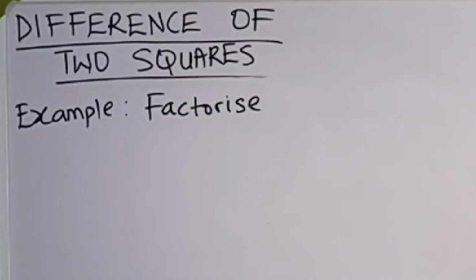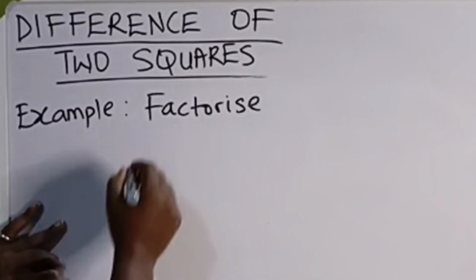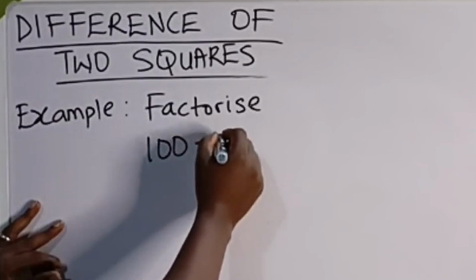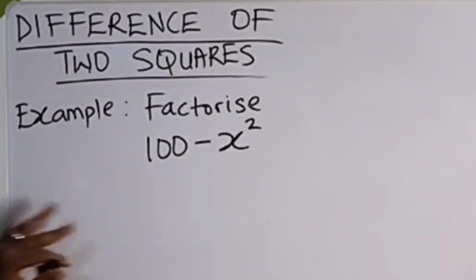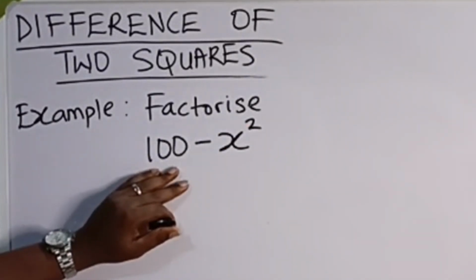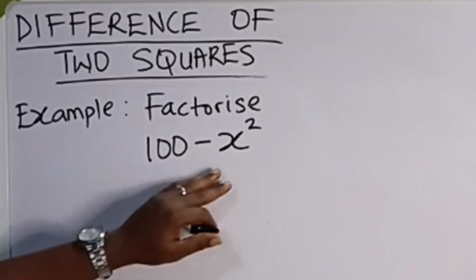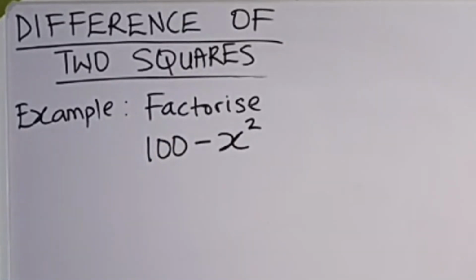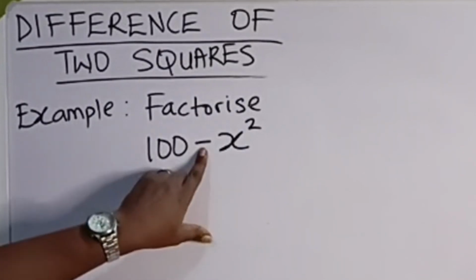So this is the fourth example. We have one more after this one. This is quite easy. 100 minus x squared. So we're using this because you don't always have x in front. So x can be behind. But we still follow the same process. We ensure that a squared value is subtracting a squared value. So here we have a subtraction sign.